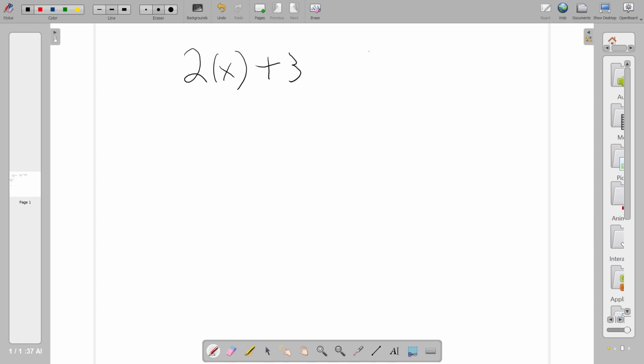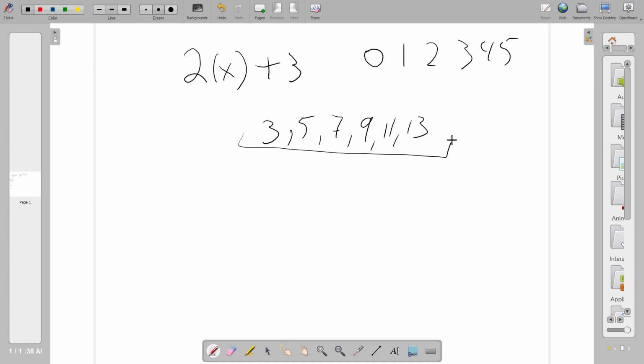All right, we'll go 0, 1, 2, 3, 4, 5. 2 times 0 plus 3 is 3. 2 times 1 is 2 plus 3 is 5. 2 times 2 is 4 plus 3 is 7. 2 times 3 is 6 plus 3 is 9. 2 times 4 is 8 plus 3 is 11. 2 times 5 is 10 plus 3 is 13. So we're not going up all that quickly here. In fact, we're only going up by 2s because the coefficient is 2.